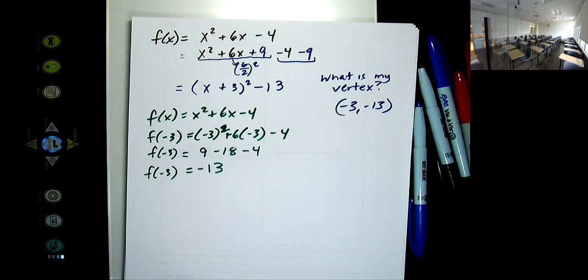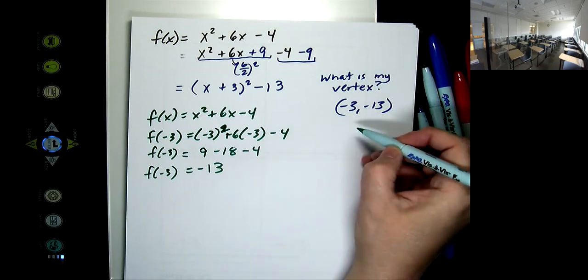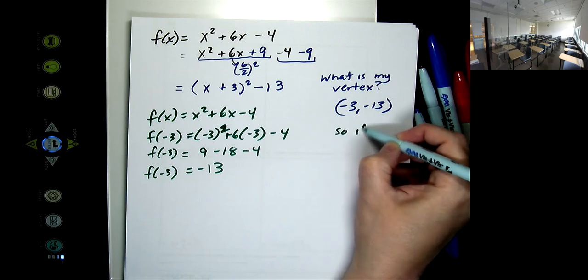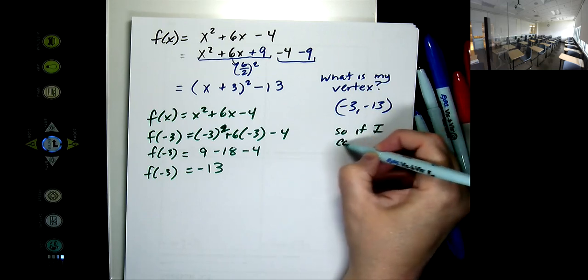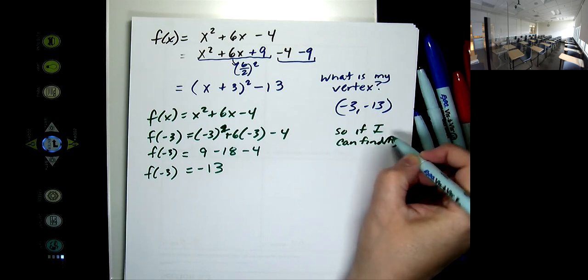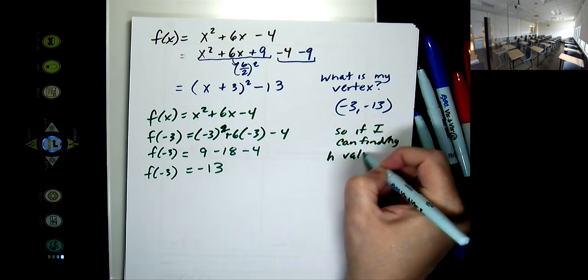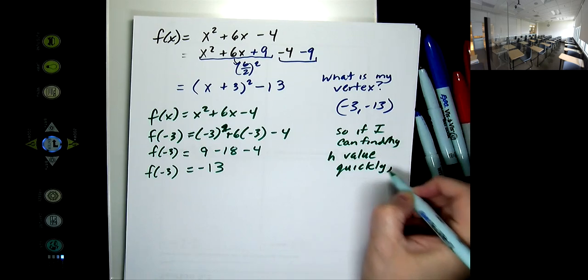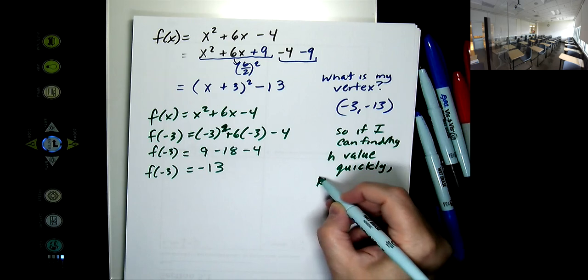So if I can find my h value quickly, k is just plug and play.